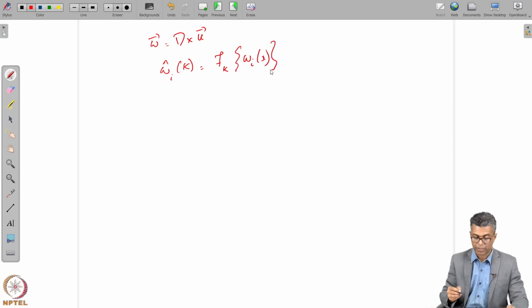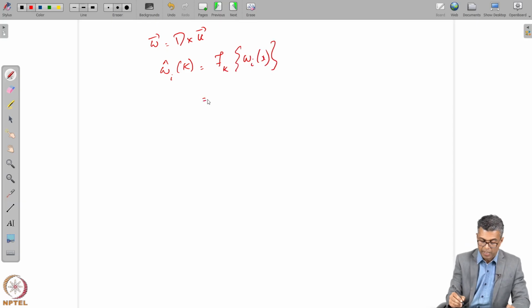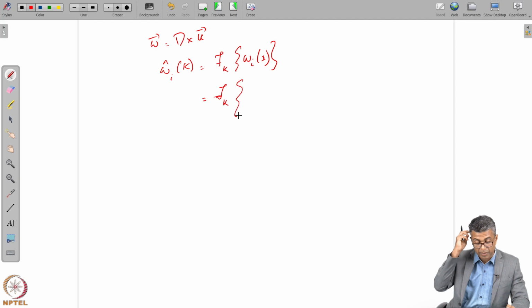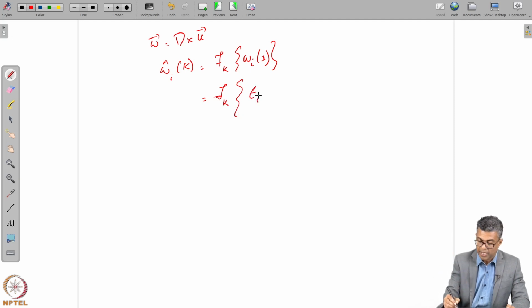I'm using index notation. So this is basically a Fourier transform of, and I'm going to use the definition of vorticity, which is epsilon_ijk in index notation, and it is del_j u_k, isn't it? It is del_j u_k.